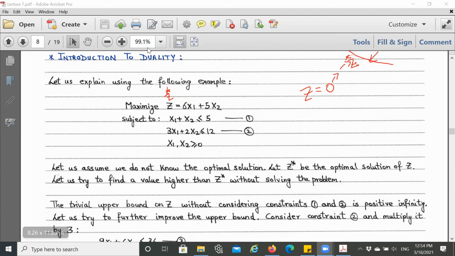The trivial upper bound for Z, without considering the constraints, is positive infinity. But under the influence of these two constraints, let's see how we can find a meaningful upper bound for the Z value.